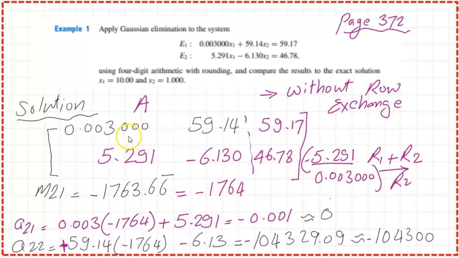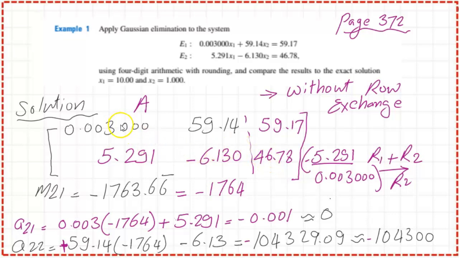Again, we are going to write the matrix A as an augmented matrix, 2 by 2. The first row is 0.003000, then 59.14, and this is the line, and the right-hand side is 59.17. For the second row, we have 5.291 from the second equation, followed by minus 6.130, and at the right side of the line, 46.78.